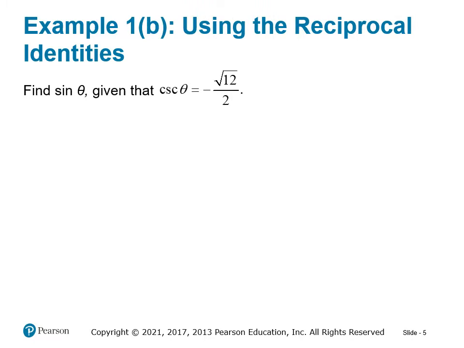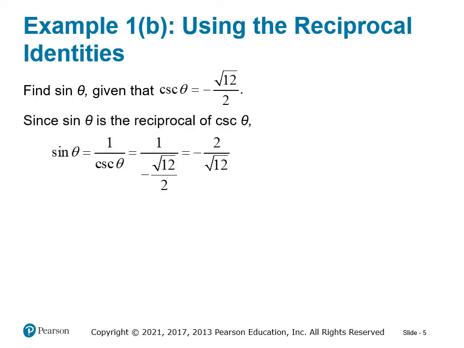Find sine theta given that cosecant theta equals the negative square root of 12 over 2. Again, we have a reciprocal relationship here, so we flip the fraction and we get negative 2 over the square root of 12. However, we do need to simplify this, and we need to make sure that there's not a radical in the denominator. Well, first of all, square root of 12 can be simplified.